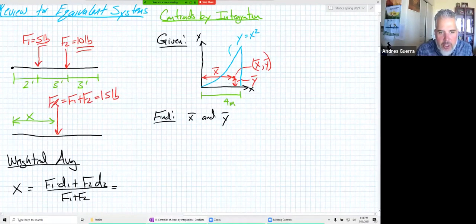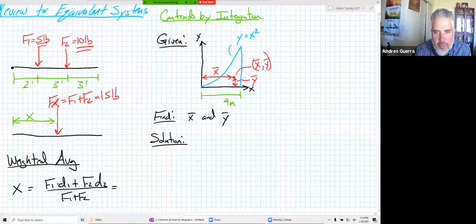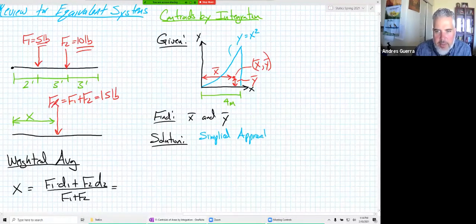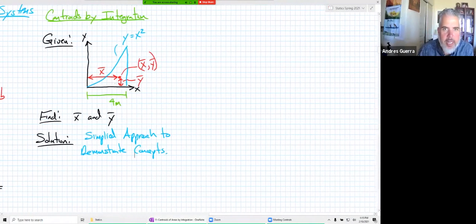And so for our solution, the first thing I want to do is look at a simplified approach, okay? And this is really just to demonstrate the concepts. We're not going to do this on the actual homework, but I think it's going to make the homework a lot easier if we look at this simplified approach here.